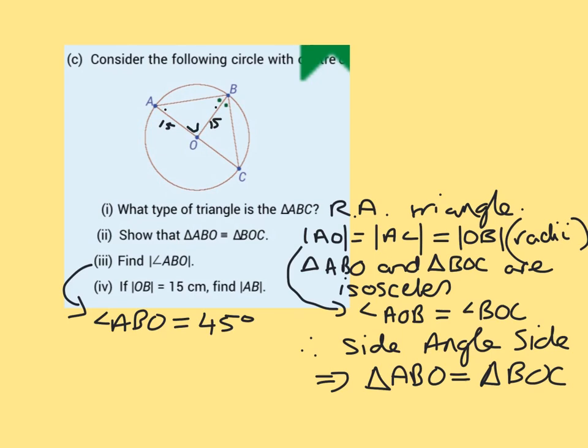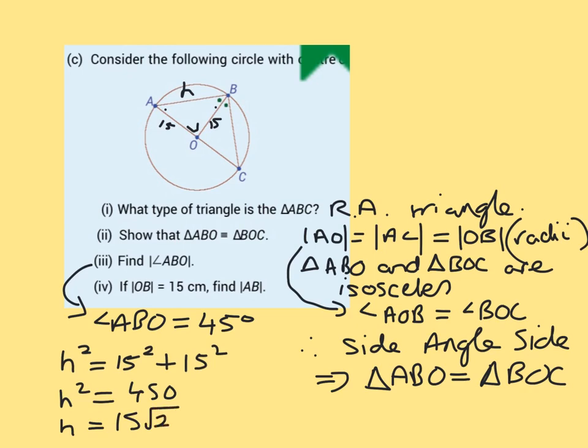They've asked us to find AB, which is going to be our hypotenuse. From Pythagoras' theorem, h squared is equal to 15 squared, that's AO, plus 15 squared, that's BO. So h squared is 450, and if I square root 450, I get 15 root 2. The best thing to do is to leave that in root form, 15 root 2. That's the value of my AB line.